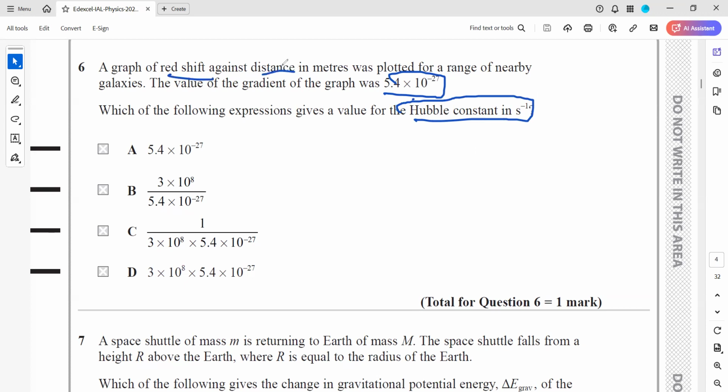Redshift is the change in wavelength, or change in frequency, over the original. There's also another formula: redshift is equal to the speed of the galaxy divided by the speed of light.